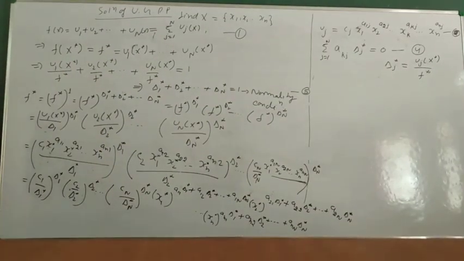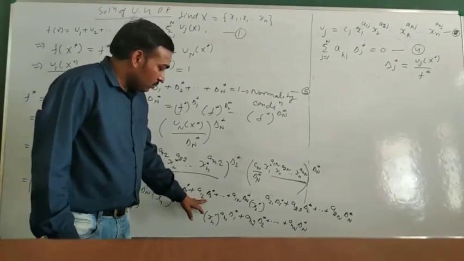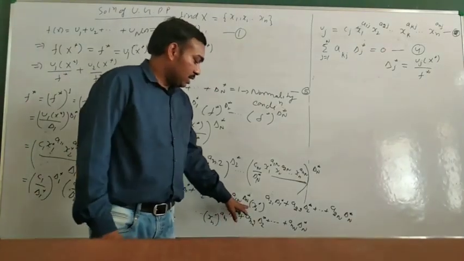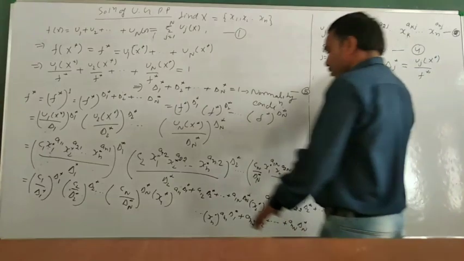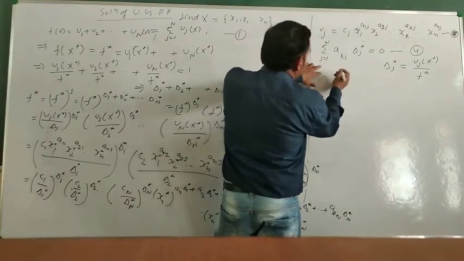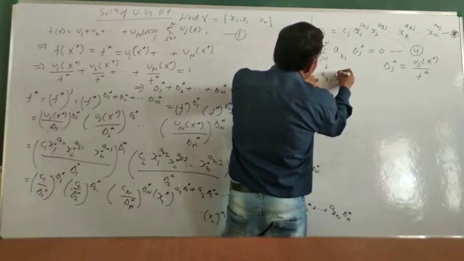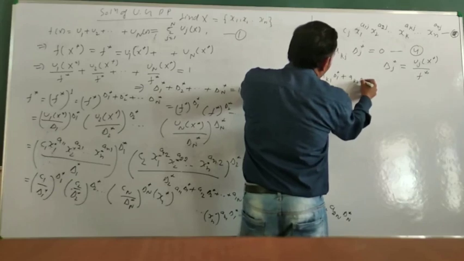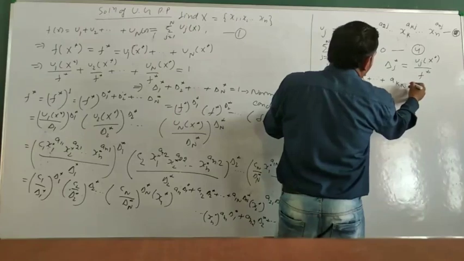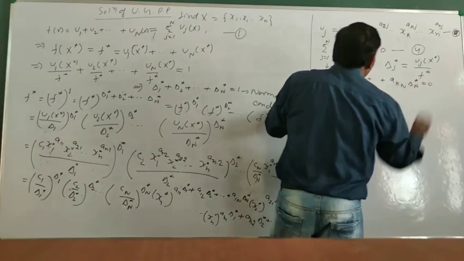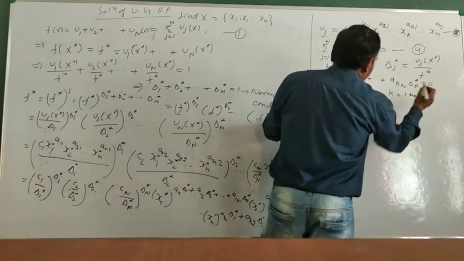So you see here, what is a11 del 1 plus a12 del 2 star up to a11 del n star. From this, if you write ak1 del 1 star, ak2 del 2 star and so on, akn del n star equal to 0, and here k equals 1 to n.